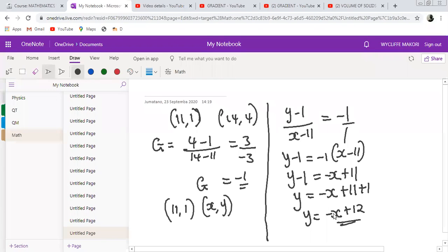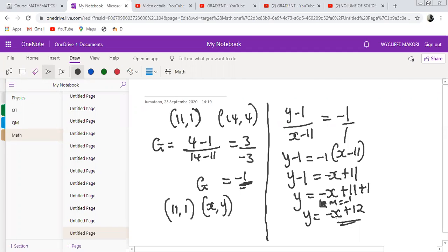And you can note here we have negative 1x, which is the same as the negative 1 that we found for the gradient, because our m here is actually negative 1, because of this negative. It is the same as negative 1x.